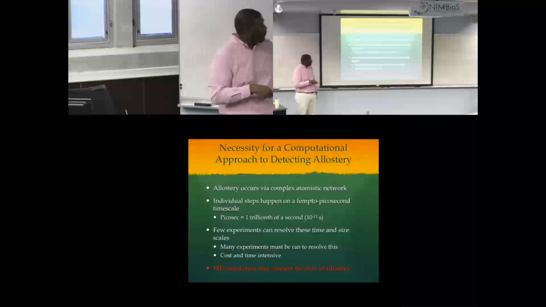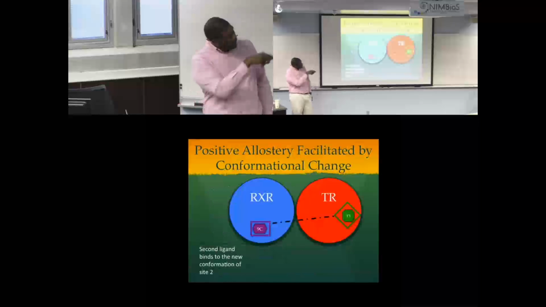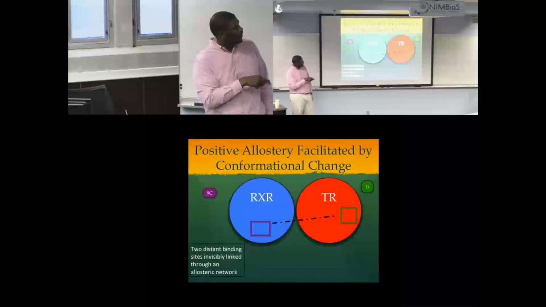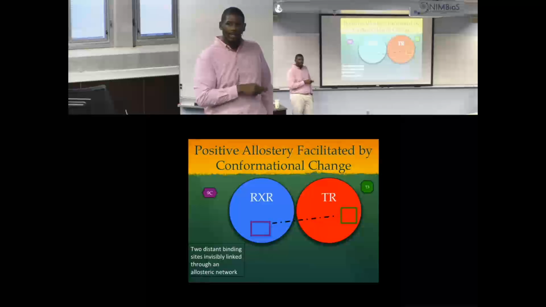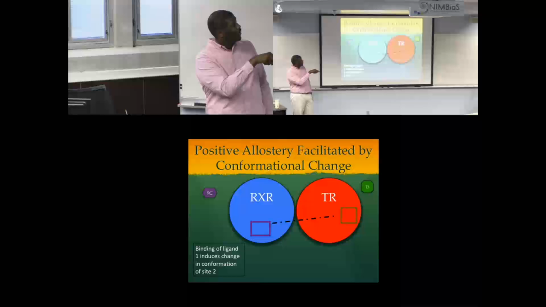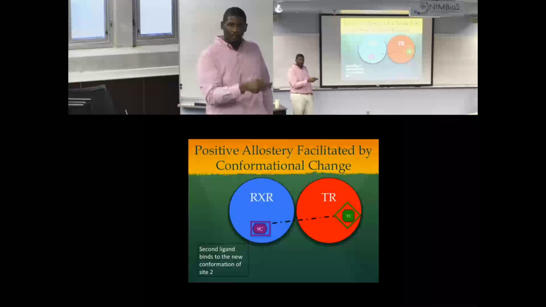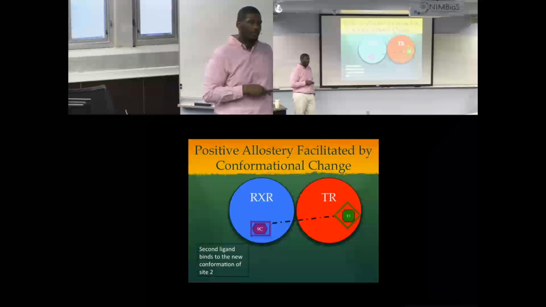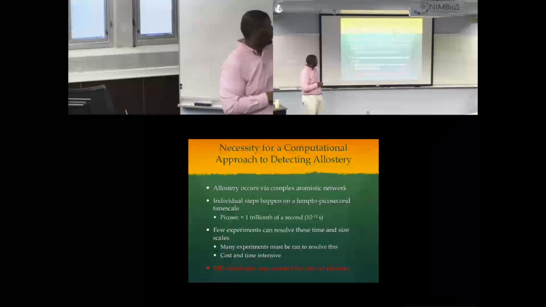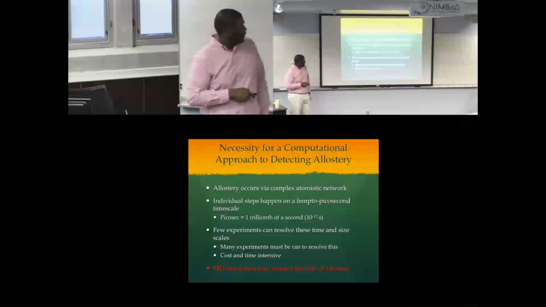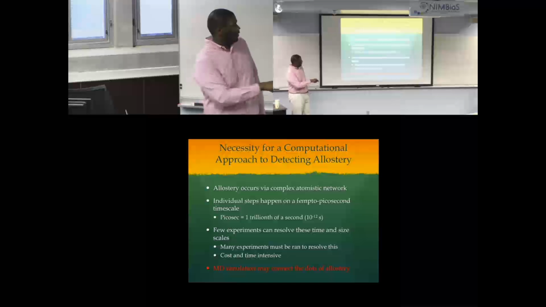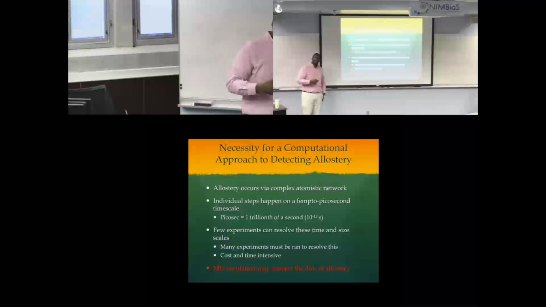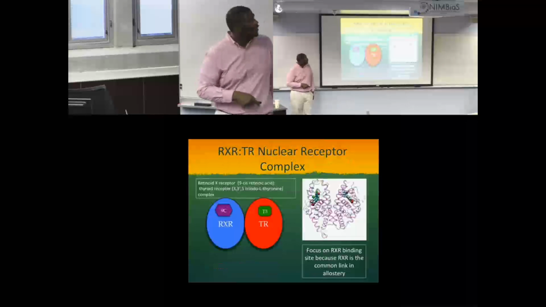With experimental techniques, you may be able to get this picture, and that picture, but you can't get anything in between because it happens too fast. And this is on a good day. Most of the time you can only get this picture and that picture, the unbound and fully bound, because that binding happened too quick for you to pick it up with crystallography and NMR. So MD can be a way to connect those dots between the starting and ending structure.